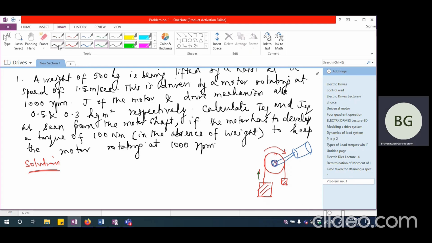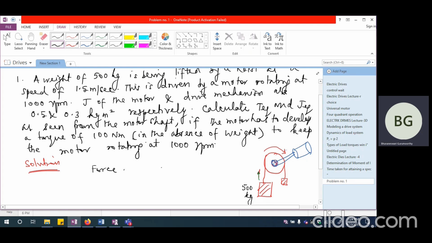So what is given is the weight is 500 kg. And that is going against the acceleration due to gravity. So if I have to calculate the force exerted by this weight, which will be pulled down, that is essentially the force due to gravity.